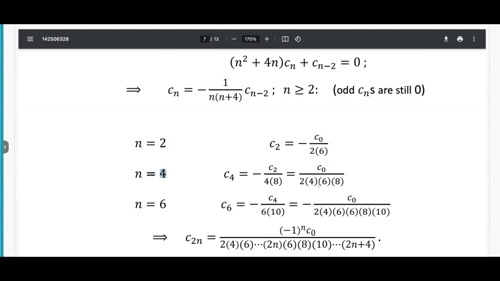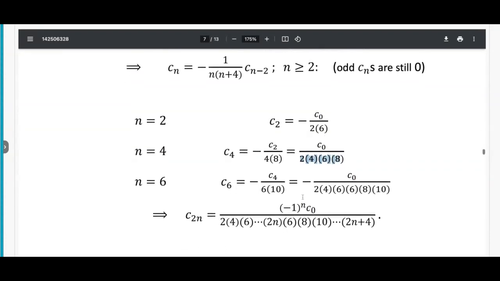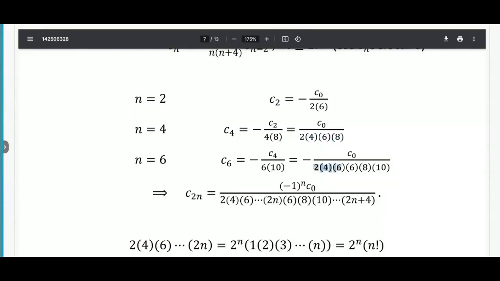When n equals 4, we have the positive 2 times 4 times 6 times 8. When n equals 6, we have 2, 4, 6, and 6, 8, 10. So we have 2, 6, starting with 2, 6.